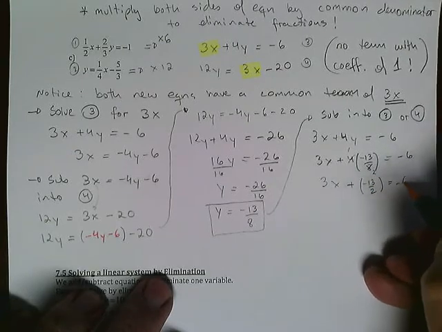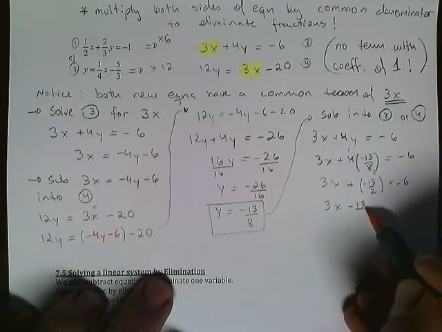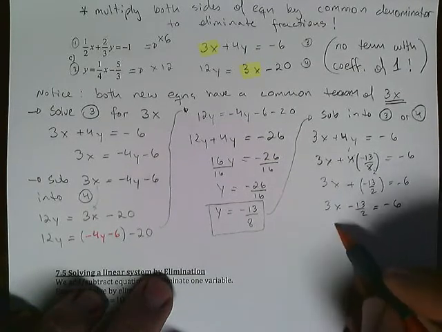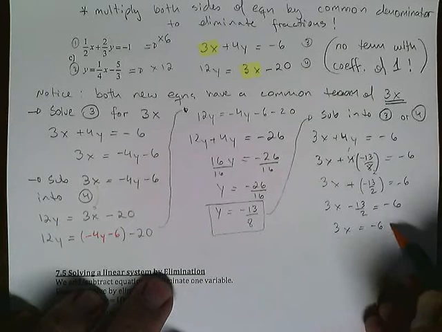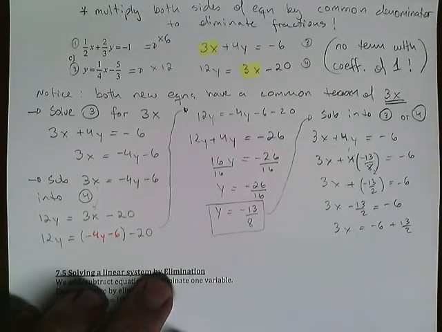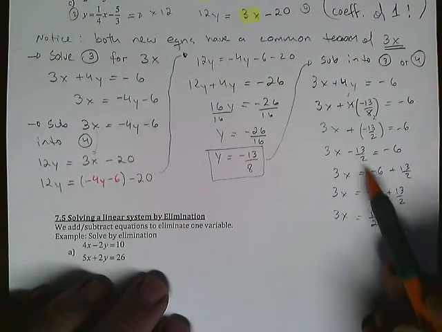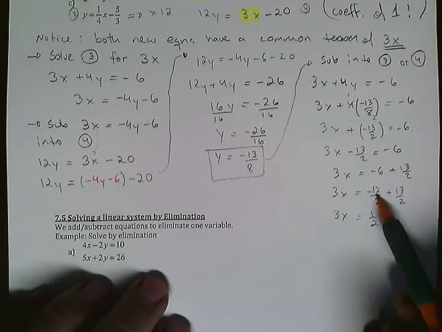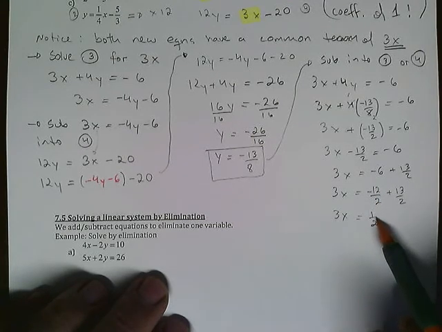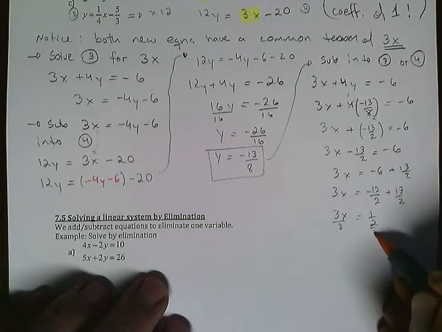And that's equal to negative 6. Okay, so 3x minus 13 over 2 is equal to negative 6. 3x is equal to negative 6 plus 13 over 2. And so I'm running short on time, so you bring this over, adding, this turns into negative 12 over 2, so that's positive half. You have to divide both sides by 3.